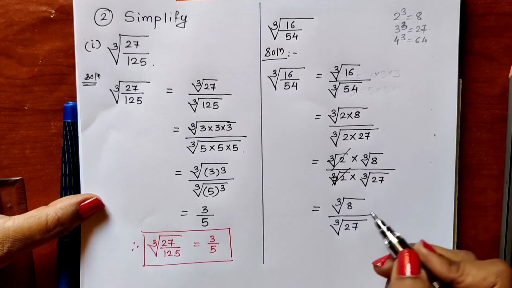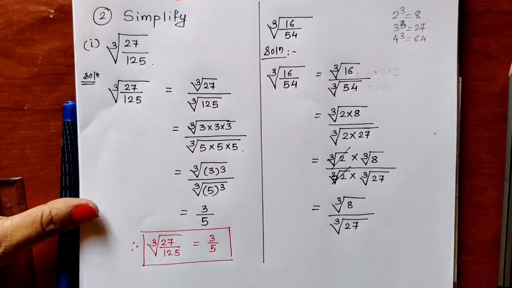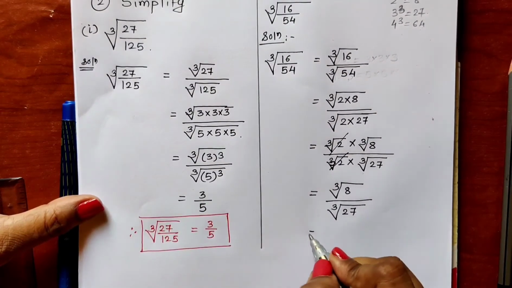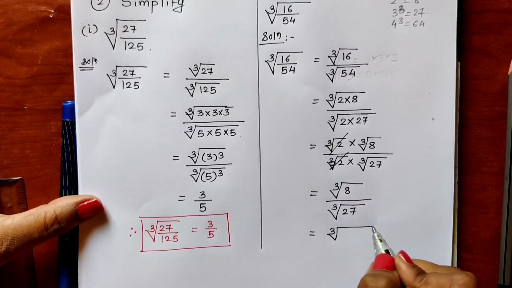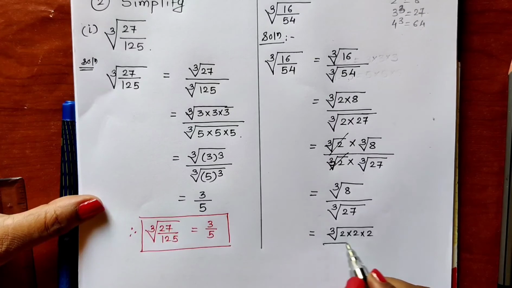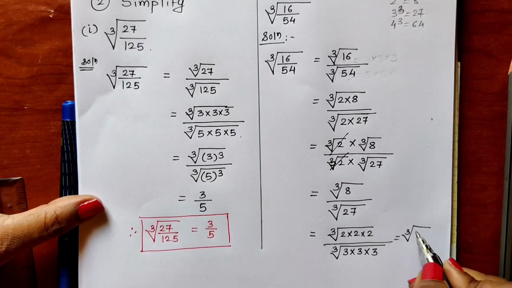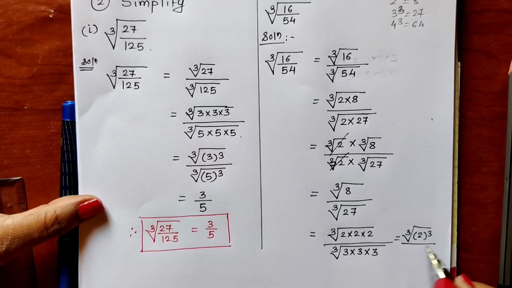Now cube root of 8, we all know it is 2, but if you want you can write it in factors form. Cube root of 8 can be written as 2 into 2 into 2, and cube root of 27 can be written as 3 into 3 into 3. So it is cube root of 2 cube, and cube root of 3 cube. Correct? 3 into 3 into 3 means 3 cube, 2 into 2 into 2 means 2 cube.